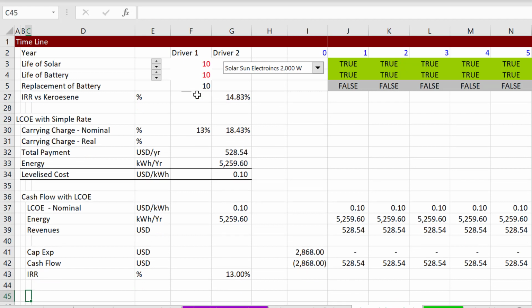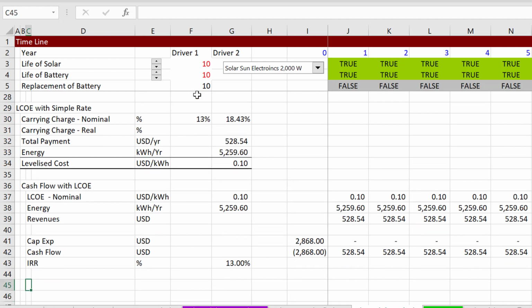And then to really test out what it is, we'll put LCOE. This is inflated. And what we're going to do is get our real levelized cost up here, our levelized cost, which will be a nominal number.